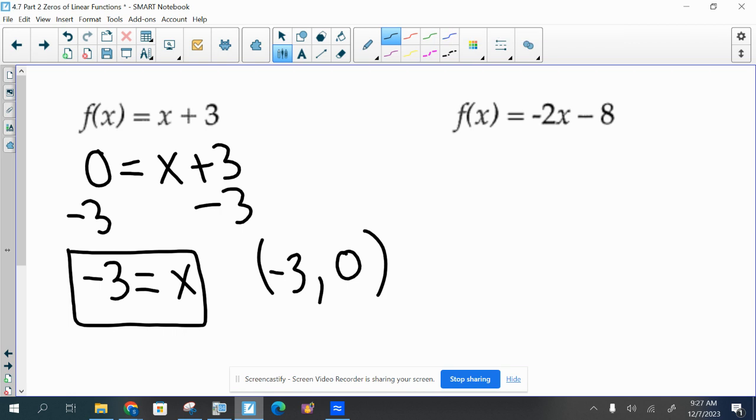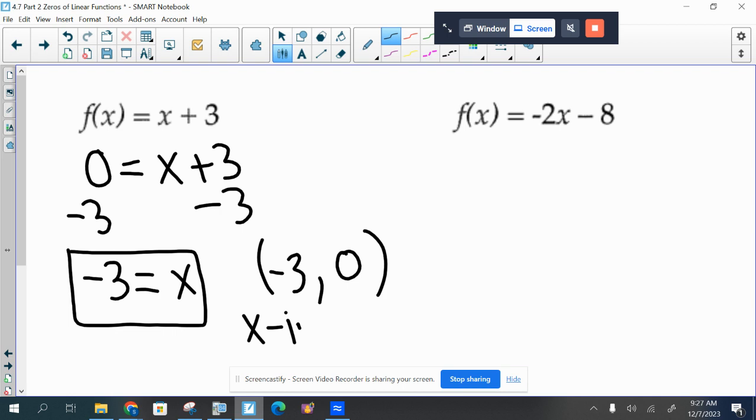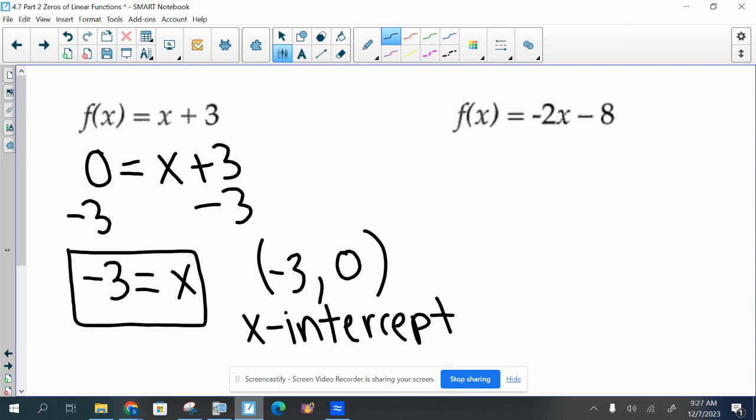So if you graph this equation, negative 3 comma 0 would be the point where it crosses which axis? The x-axis. So this is also representing your x-intercept. So when you find the zero of a function, you're finding the x-intercept. That's what's going on here.